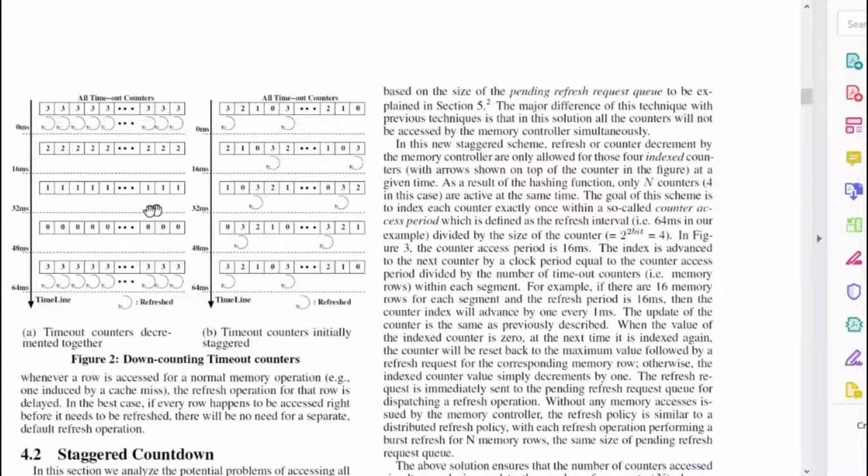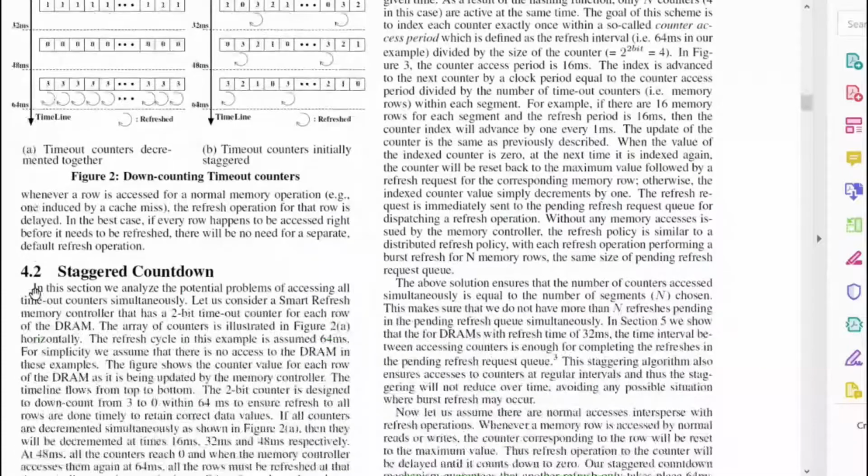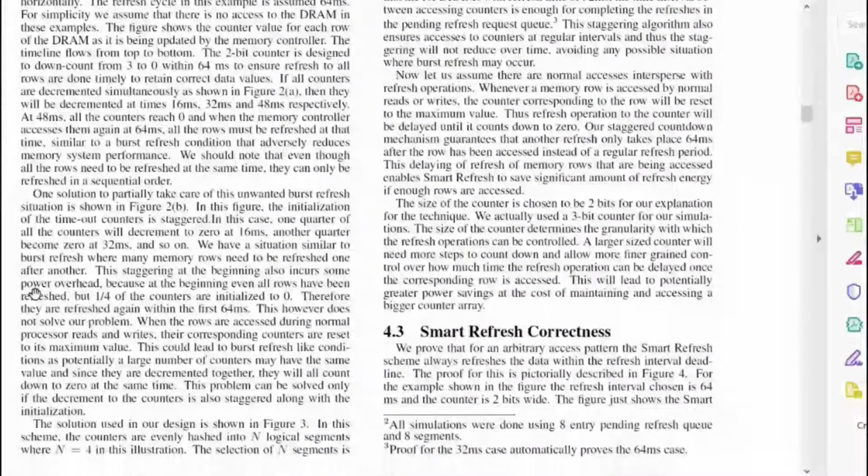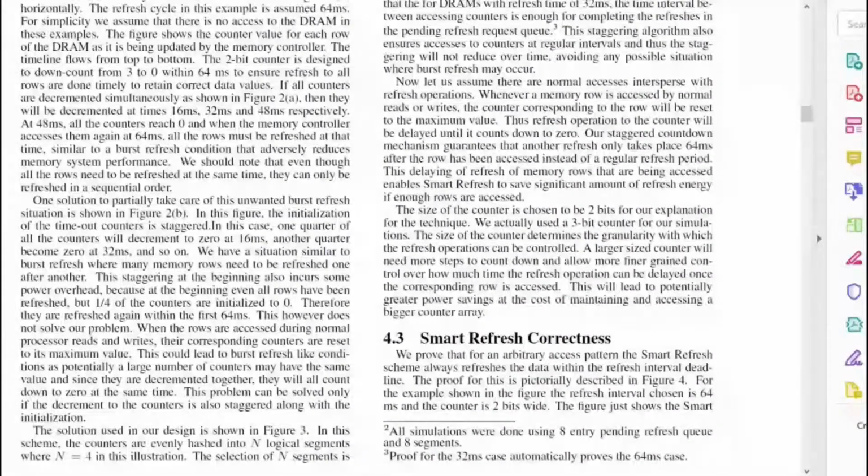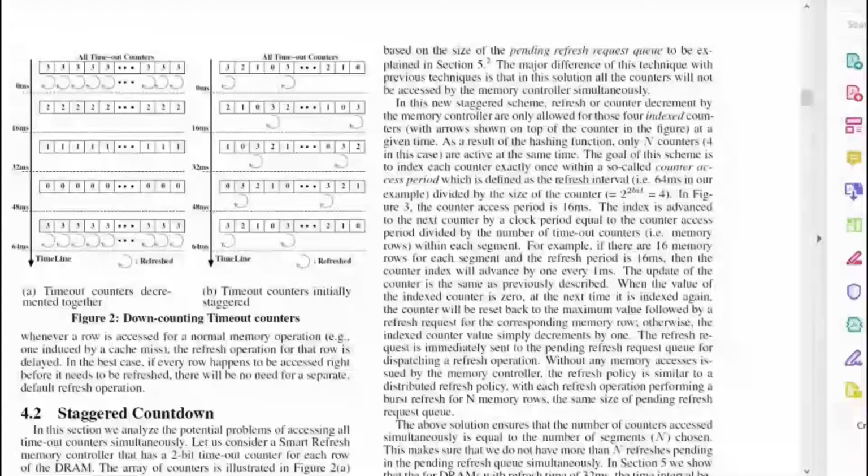So these three rows are not required to be refreshed. Only the other rows will be refreshed at this time. This is the first advantage of smart refresh. But if you read this section, you'll see they say this is not the best implementation of smart refresh.